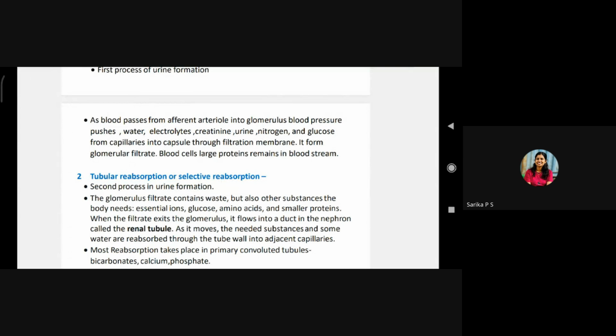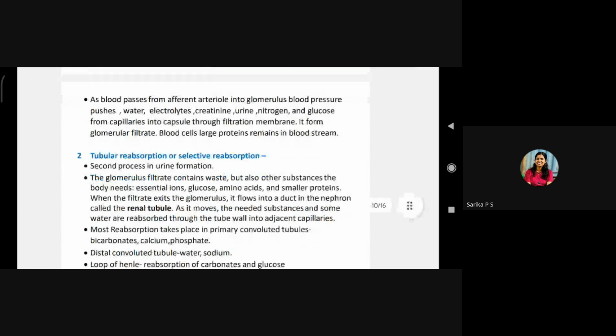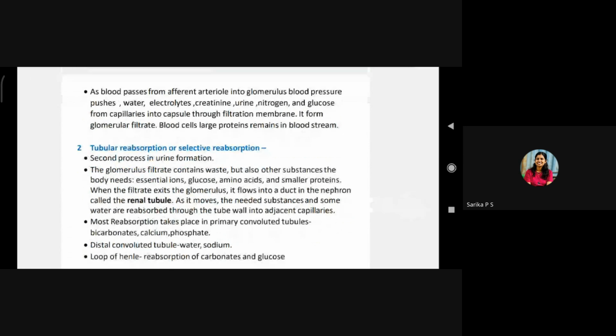Blood cells, large proteins remain in bloodstream. So small things only can get permeated through this semi-permeable membrane. The large things cannot come out of the membrane, they will remain inside. Blood cells and large proteins cannot go out, they remain in the main bloodstream only.